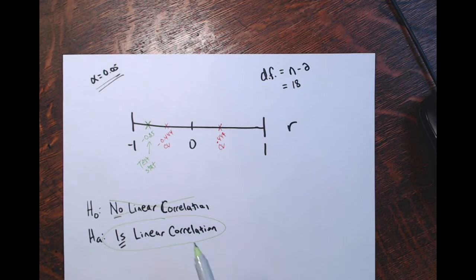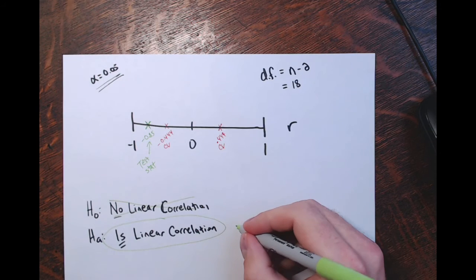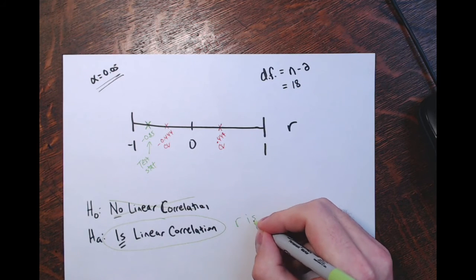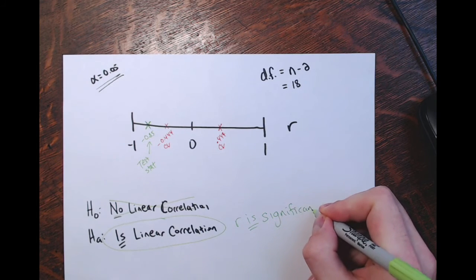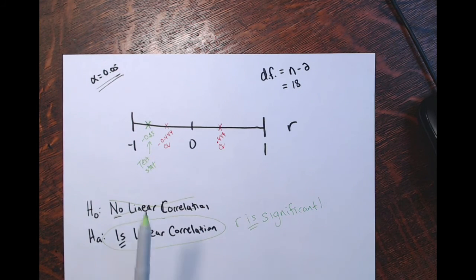Or we would say that this value of r is significant. R is significant here. It's significantly close to -1 or +1, to say that these two variables do have a linear relationship. And if we conclude that they do have a linear relationship, then the best fit line, that least squares regression line, would be a good model to use to make predictions about our data.